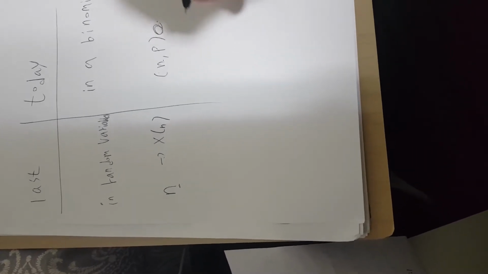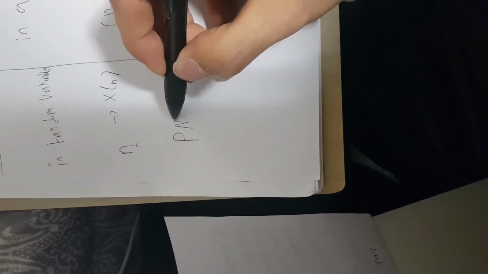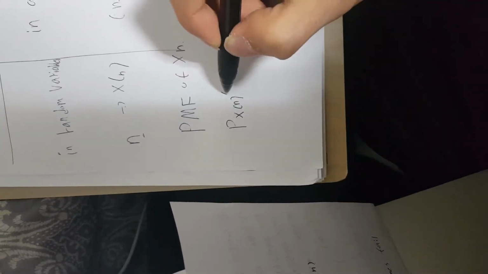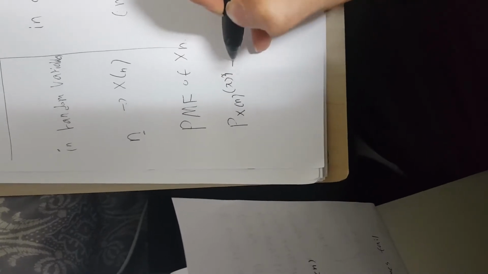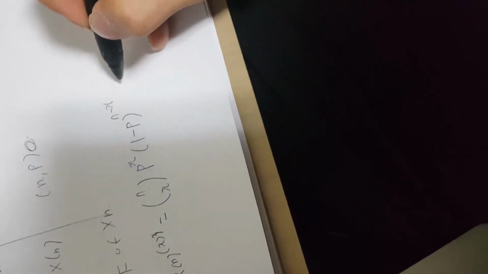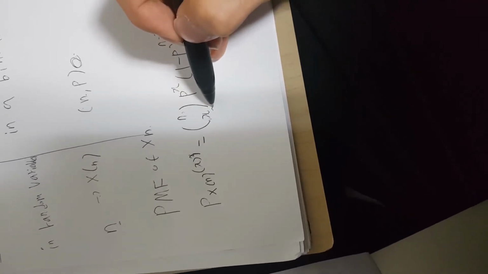The PMF of the random variable Xn with n, p is shown as follows. PMF of Xn.